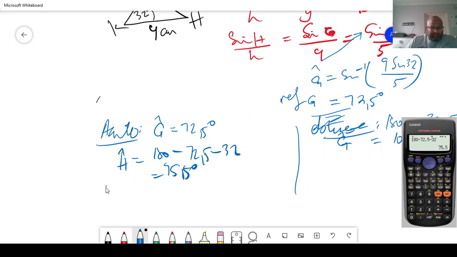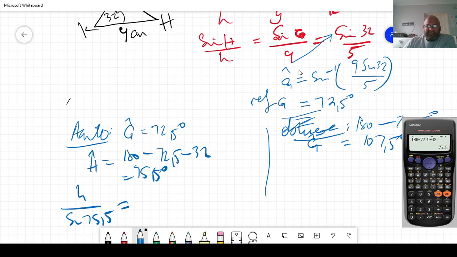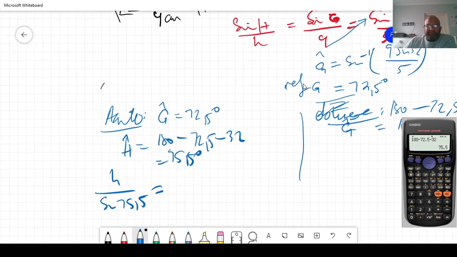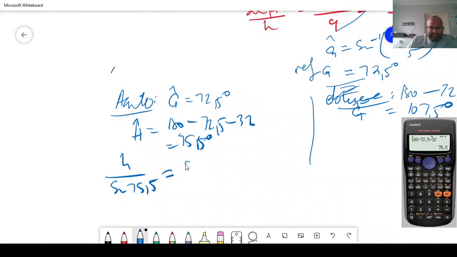So h over sine 75.5 is equal to sine 32 over 5.